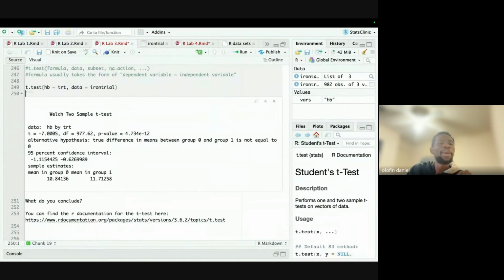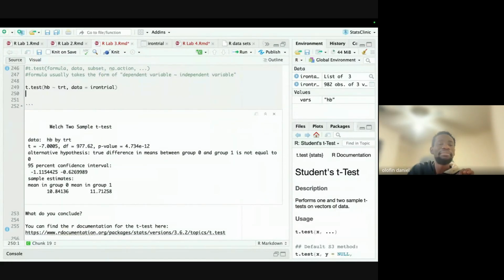But when you want to do a directional test, checking which group is actually greater, you just have to add another argument here. We know that there is a significant difference between the groups.